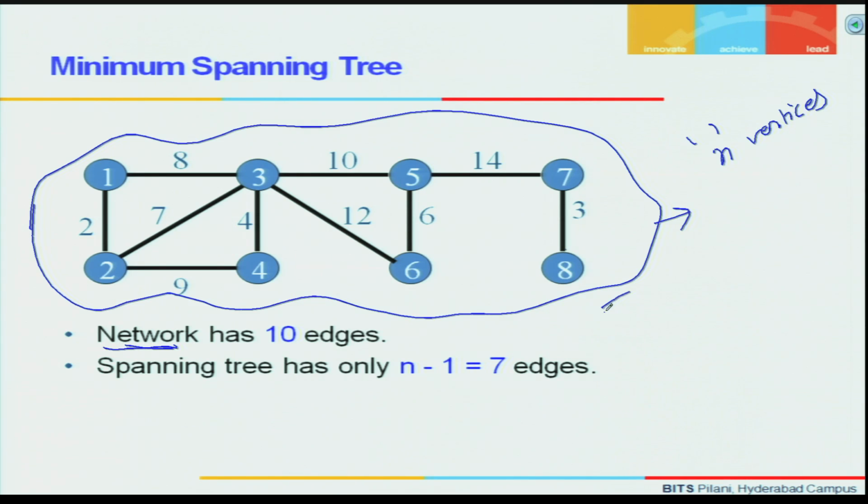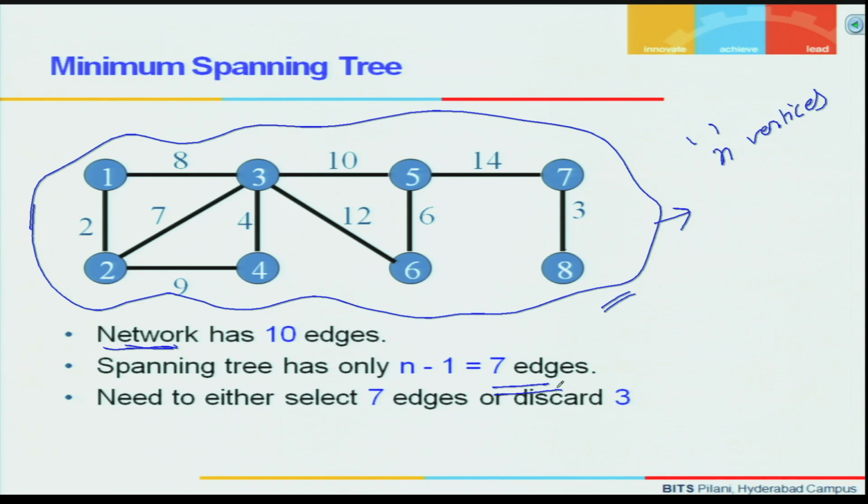Hence, this is a graph of 8 vertices, so any spanning tree of this graph will have 7 edges, isn't it? Now, somehow we have to find the minimum spanning tree of this graph. So we have to select 7 edges intelligently, which will give us the minimum spanning tree, or we have to discard some of the edges in this graph so that we remain with the minimum spanning tree.